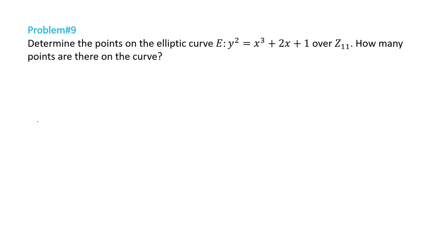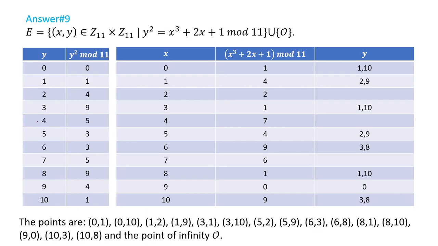So you have to basically check which are the points on the elliptic curve. How do we check? I can just discuss this. So how do we determine the points on the elliptic curve? What you do is first check which are the elements in Z11 that are perfect squares of some element modulo 11.